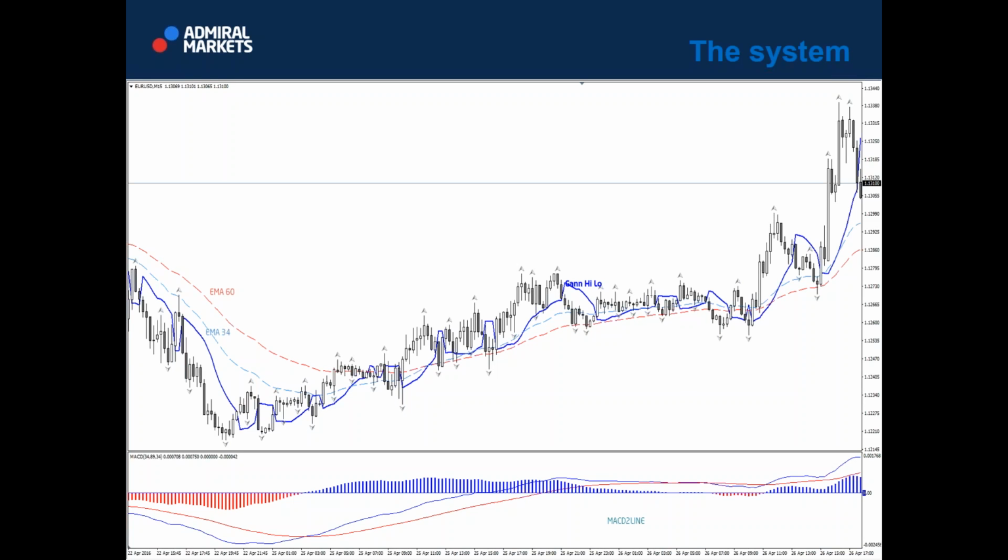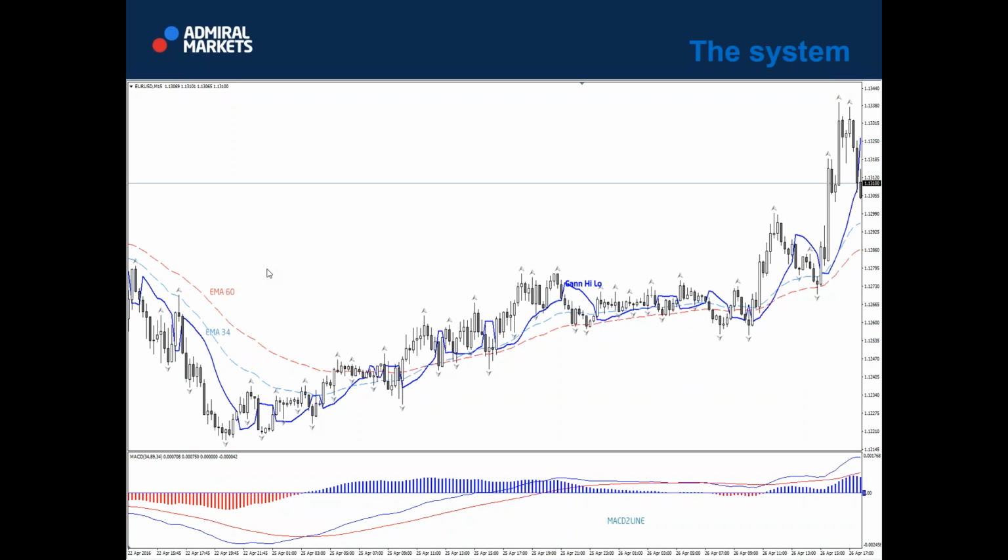EMA 60, as I said, is a longer EMA. Why EMA and not, let's say, SMA? Because EMA is actually a smoothed moving average. It's not literally a smoothing moving average, but EMA is a lot smoother than a simple moving average. Because of that, we need to align both short time frame trend and longer time frame trend.